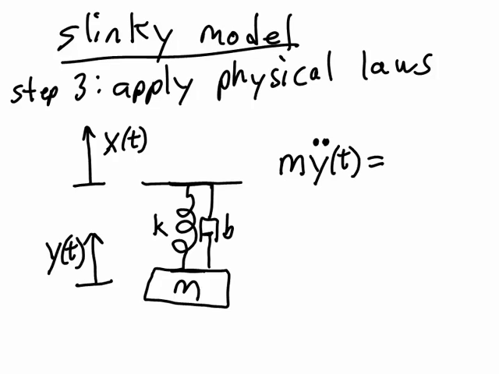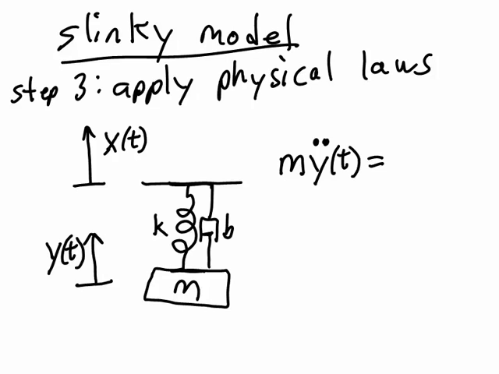Here we have two forces, the spring force and the damping force. I'm going to ignore the force of gravity because the force of gravity is not related to the input or the output. I've defined the output here, y of t, as being 0 at the position that the mass is in when it is resting with gravity applied.